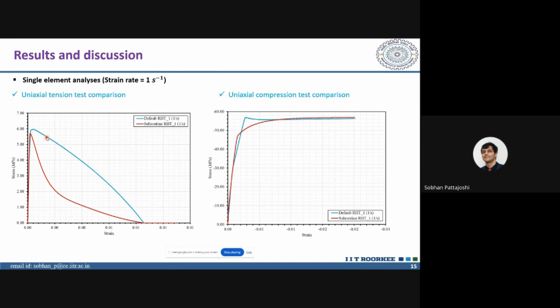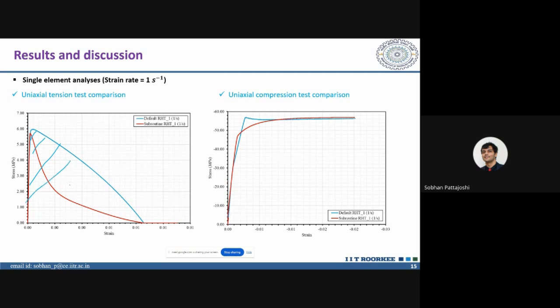If we see the initial test comparison and the stress strain plots over here, the blue one represents the tension stress strain plot of the default RHT model that actually underpredicts the damage behavior. That means the tension strength is overestimated.